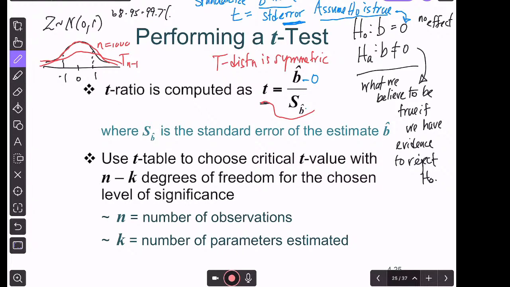So this is all given to you, but that's where they got it from. They take your value, so this is a statistic, right? And then they standardize this statistic to create another statistic.